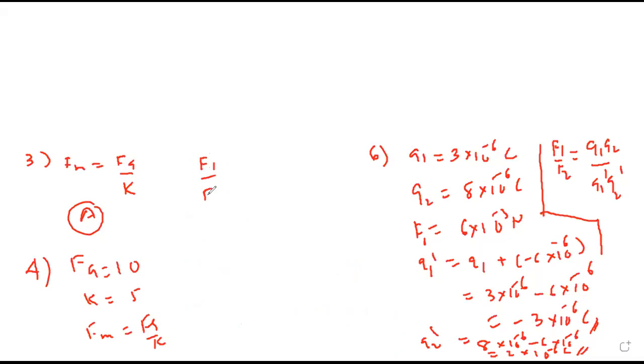F1 upon F2 equals 3 into 10 raised to minus 6, 8 into 10 raised to minus 6, upon 3 into 10 raised to minus 6 into 2 into 10 raised to minus 6. I have just put magnitude.